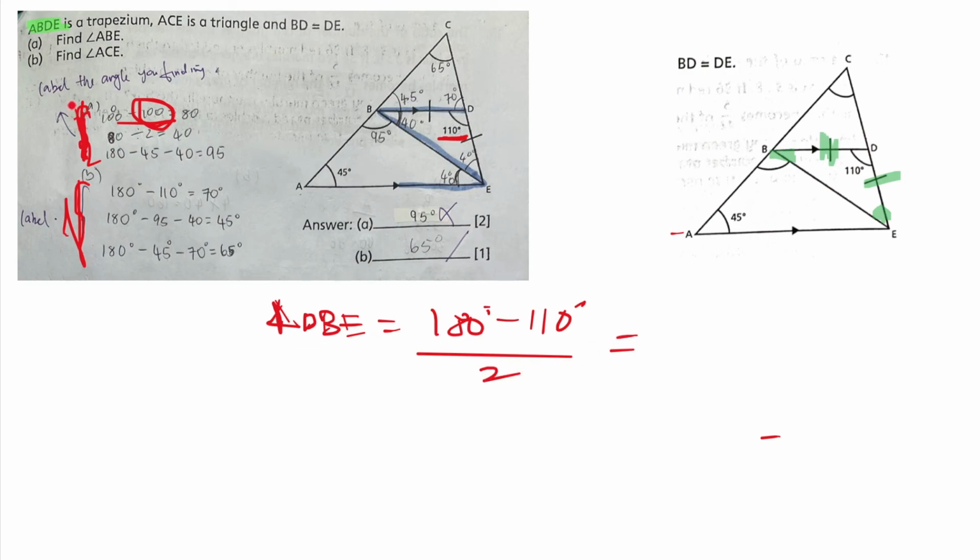You will have 35. Okay, if this is 35, and you can see this thing here, right?